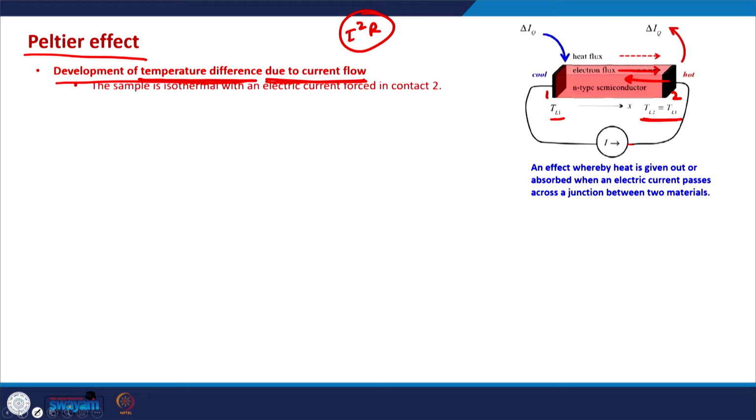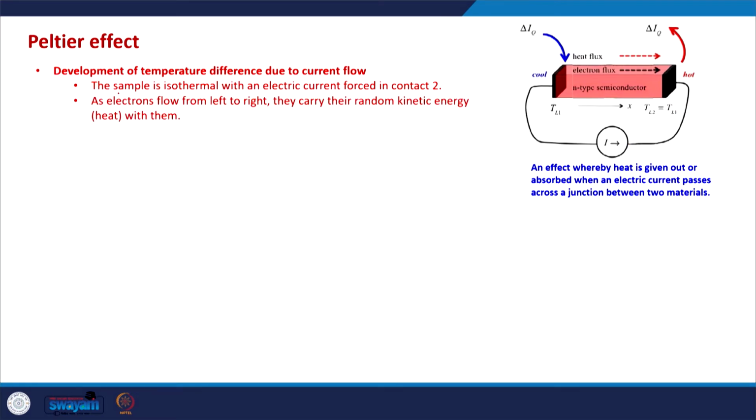So, in other words, what we can say is that the Peltier effect is an effect whereby heat is given out or absorbed when an electrical current passes across a junction of two materials. Okay? And in this case, initially the sample, the semiconductor, is isothermal, which means the temperature is the same everywhere, and as electrons flow from left to right, they essentially carry kinetic energy, and what it means is that they carry heat in the form of kinetic energy from the left contact to the right contact.